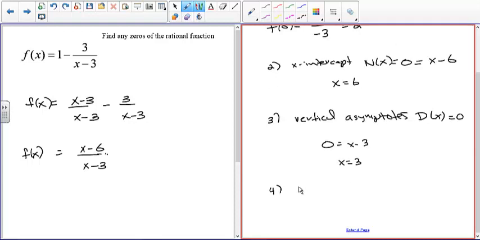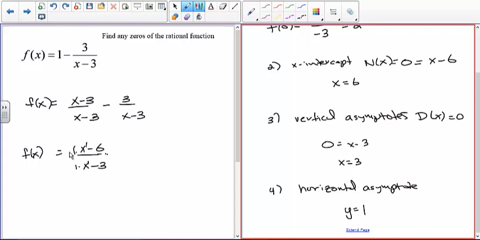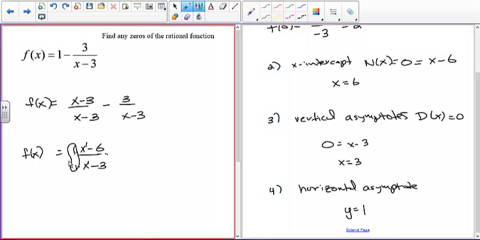And the horizontal asymptote, you use the rules, and in this case we have the same order in the numerator and the denominator, to the first power, and our leading coefficients are implied to be 1. So you just end up with y equals 1 because of these leading coefficients.